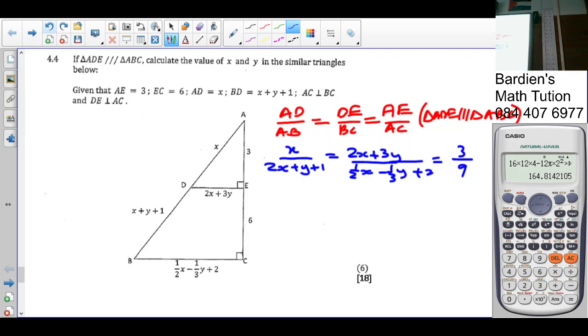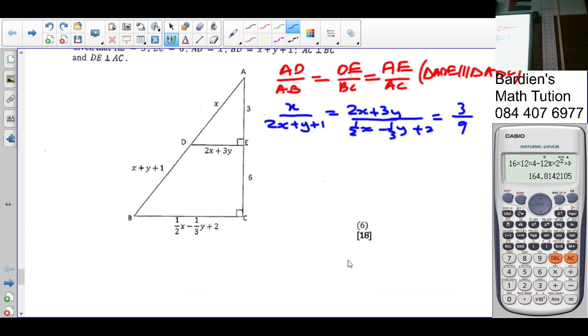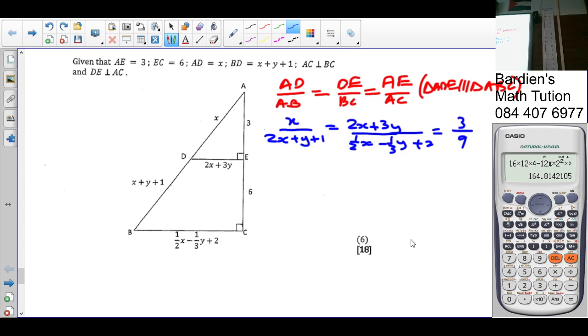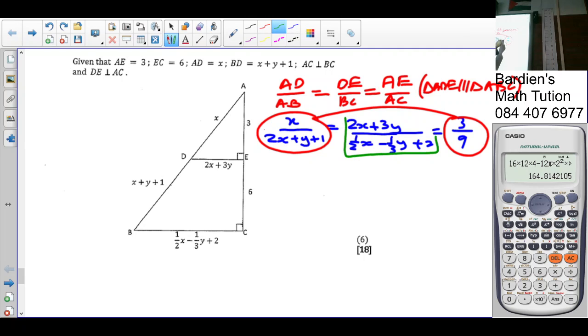So how are we going to calculate x and y here? There's two unknowns. So it's going to go into what? Simultaneous equations, not so? So what I'm going to do is, I'm going to set that equal to 3 over 9, and we can set this here equal to 3 over 9.